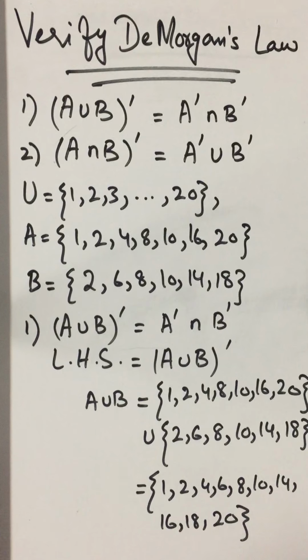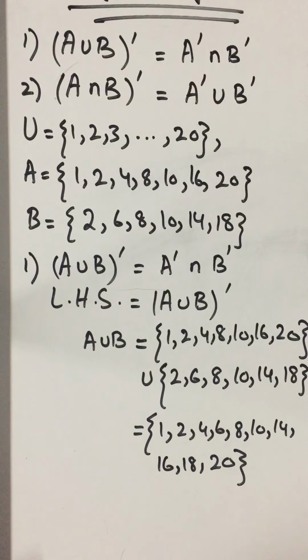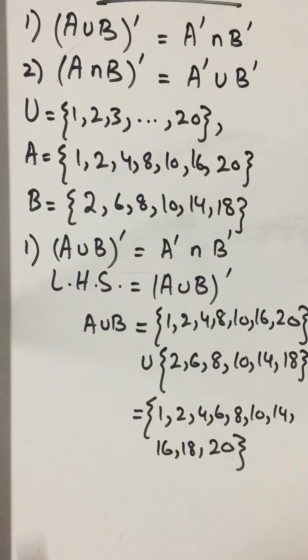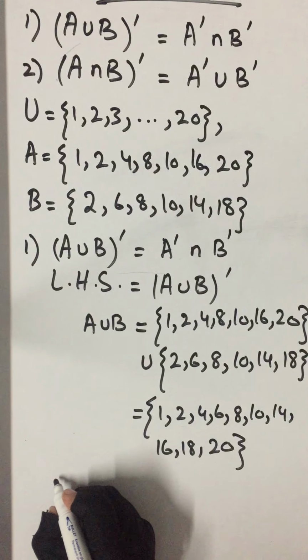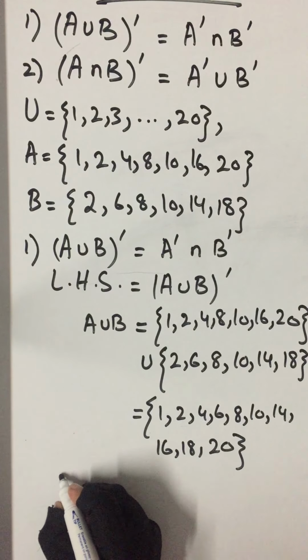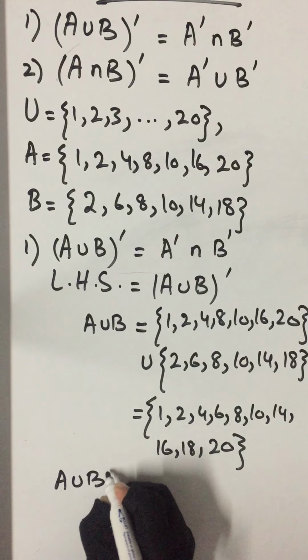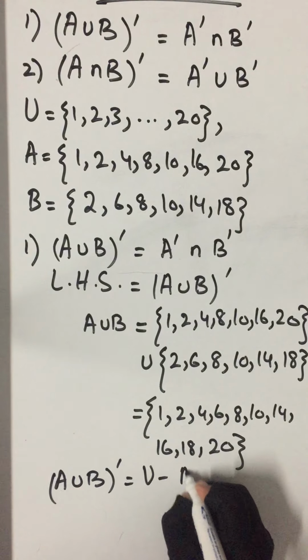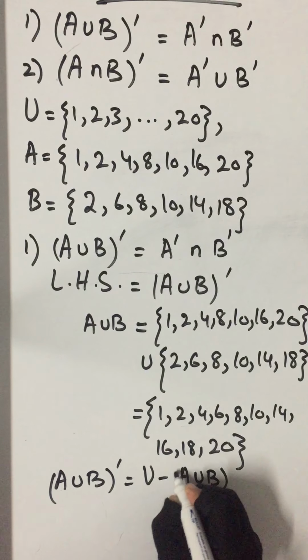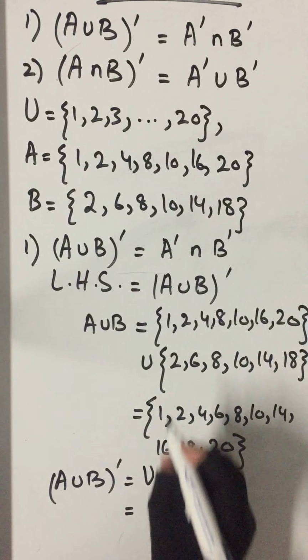Let me move this board a bit upward. Okay, now I have to find (A union B) whole complement, which is equal to U minus (A union B), right?